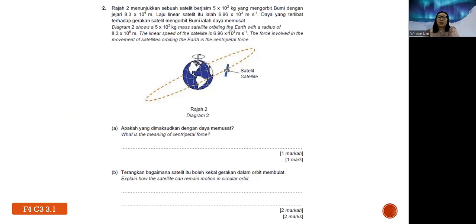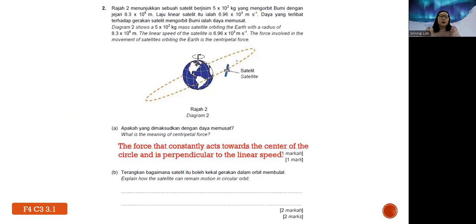So how do we define centripetal force? It is the force that constantly acts towards the center of the circle, in this case the satellite towards the center of the Earth, and is perpendicular to its linear speed.